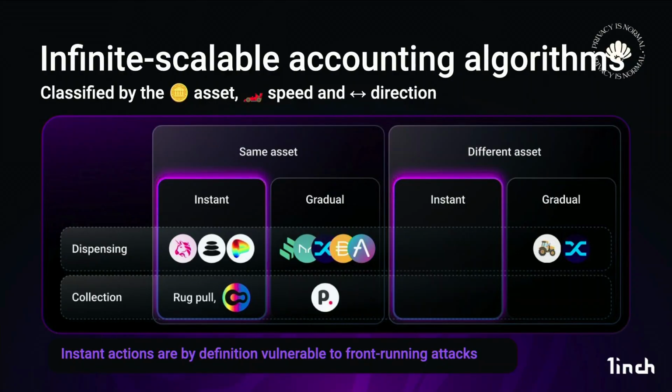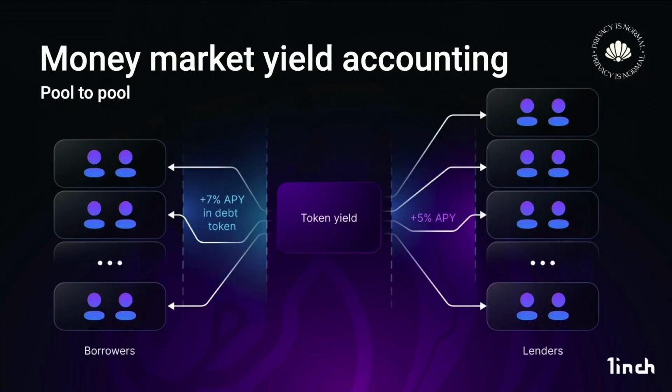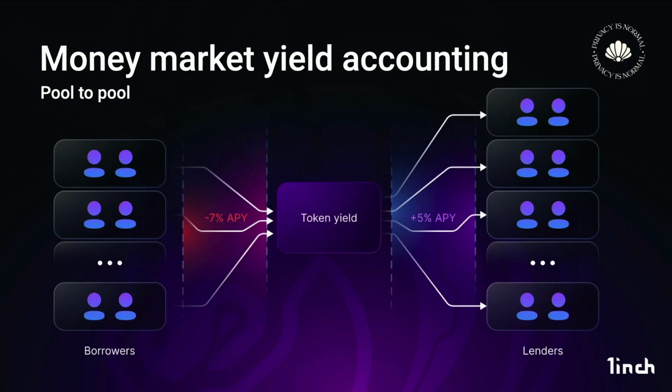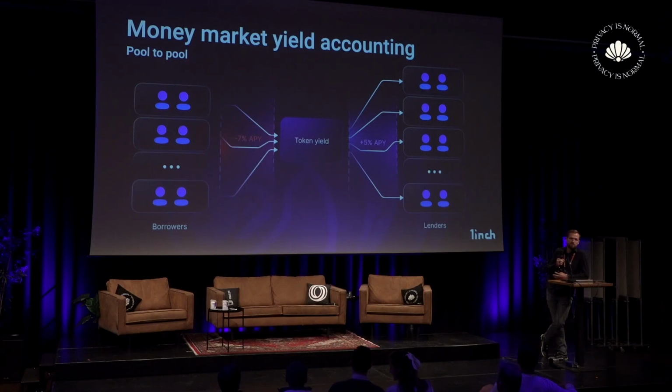So that is not an issue for gradual distributions. For example, with a money market, it's not that when you return your debt, these percentages are distributed among those who provide liquidity right now. It works differently.